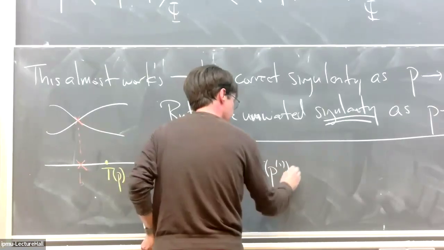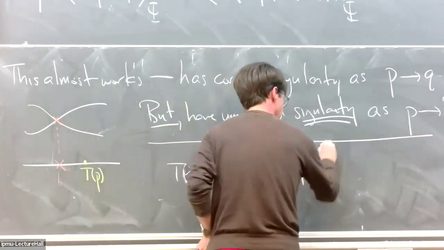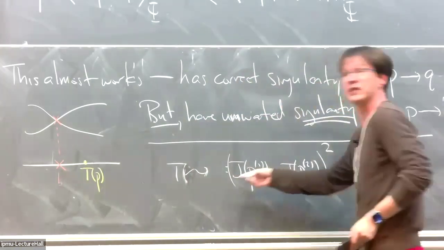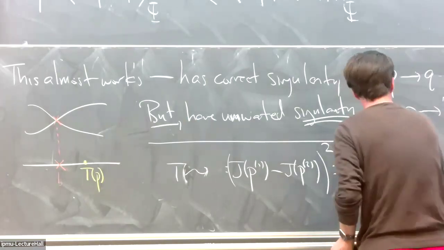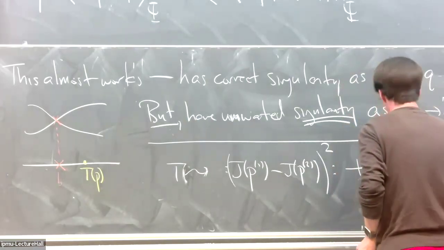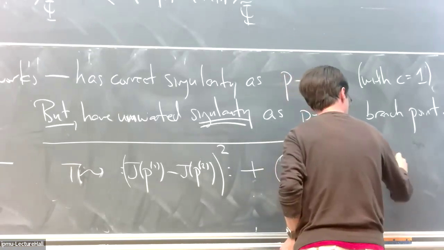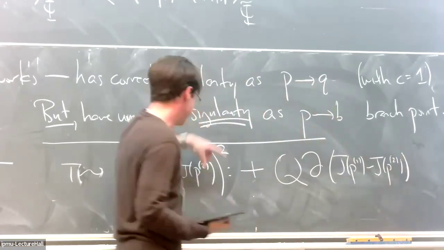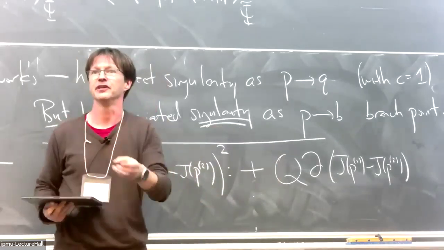You would write J of P1 minus J of P2, squared. This is the thing I wrote before. This would give you c equals 1. There's another term which you would like to write, which is some coefficient times the derivative of J of P1 minus J of P2. This one would have the correct operator product if Q is h bar plus 1 over h bar.